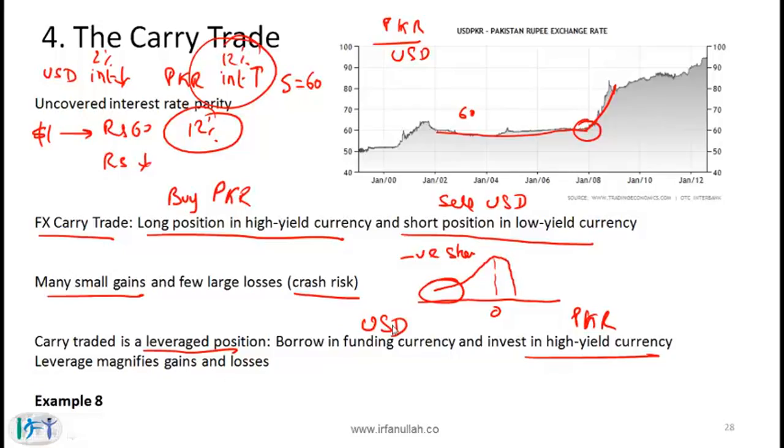So the more of this you do, the higher the gains, as long as your exchange rates are relatively stable. But when exchange rates change rapidly, as we see over here, in other words, when volatility is high, then because of leverage, the losses are also going to be substantial. So these are the core points.